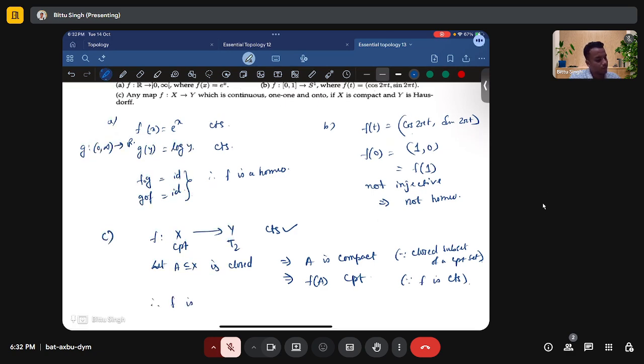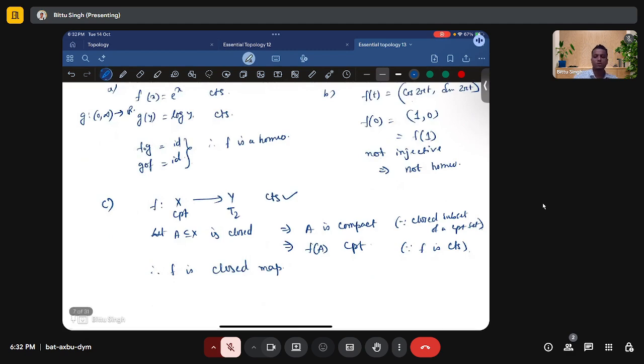Therefore, f is a closed map. f is a closed map means that if we take the inverse map, f inverse of a closed set is closed, right? Because this is the same as f of a closed set, which is closed.